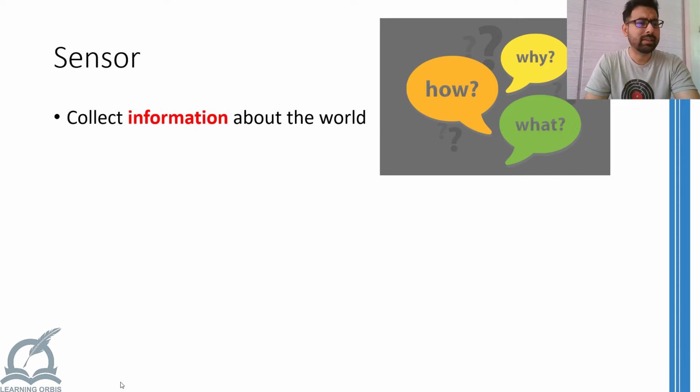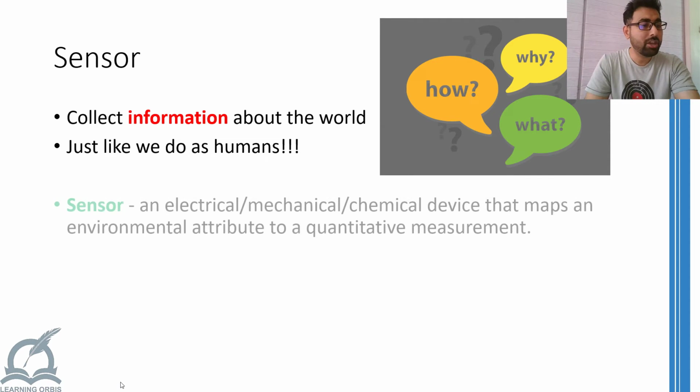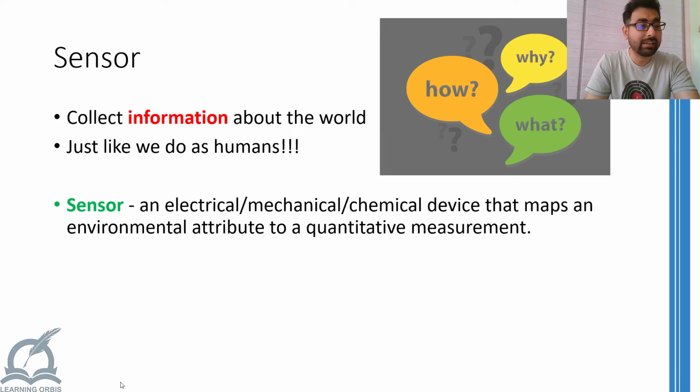So, what is a sensor then? A sensor is something that collects information about the physical world, just like the sensors in a human body. Moreover, these artificial sensors may use electrical, mechanical, chemical, or some other phenomena to map an environmental attribute or quantity to some quantitative measurement.